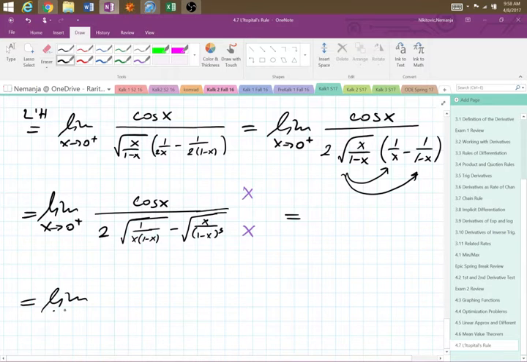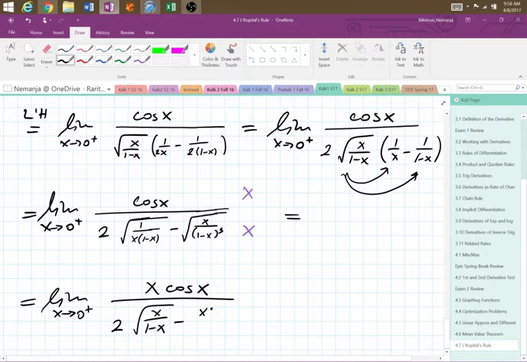I get limit x goes to 0 plus, in the numerator x cosine x, and in the denominator 2 square root of x over 1 minus x minus x cubed over 1 minus x. Cubed, also square root. Alright, that worked.